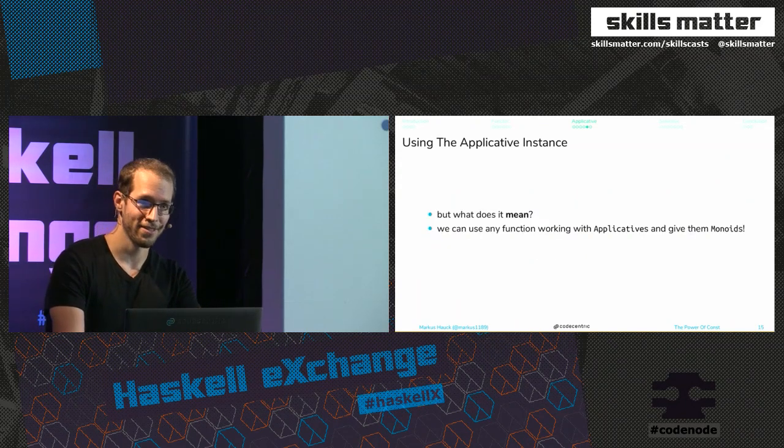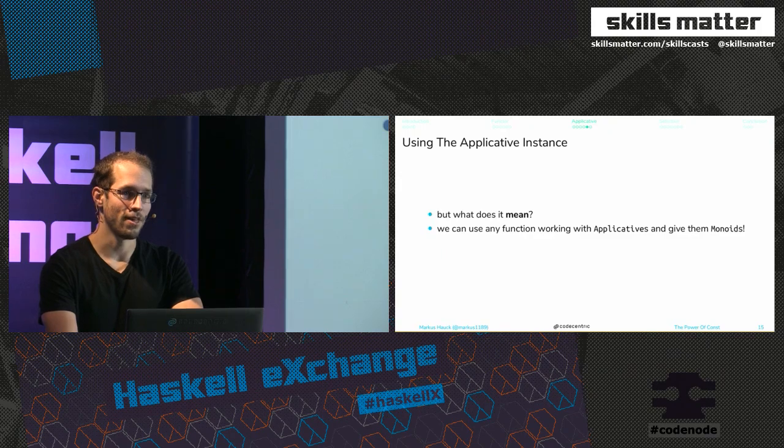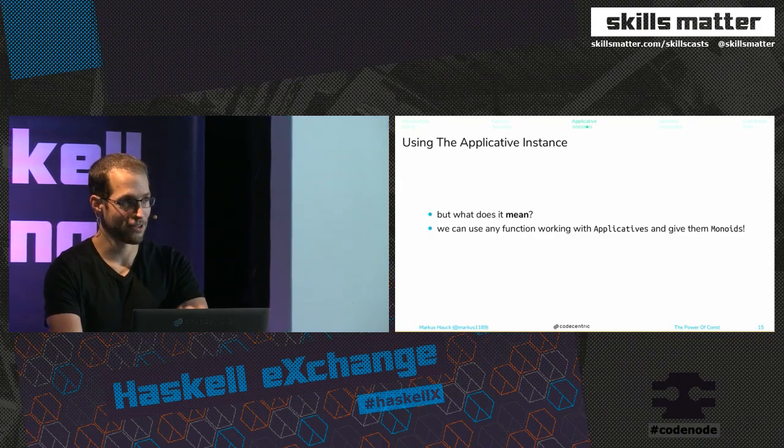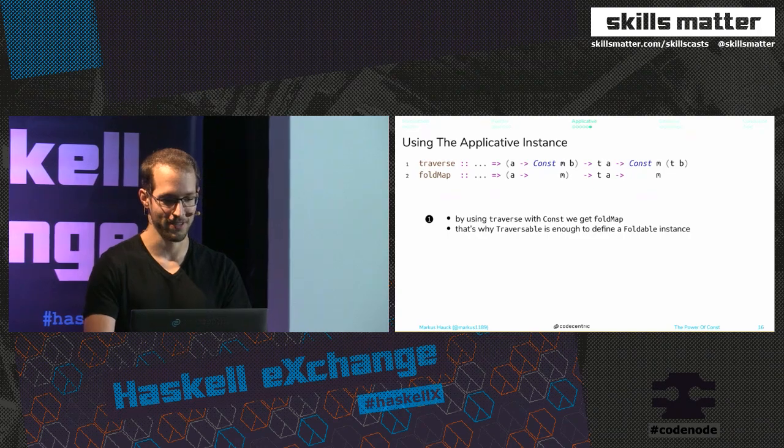Okay, that was the instance, but what does it mean? Well, this means we can use any function that takes applicatives, and we can just sneak in some monoids in there wrapped in const.